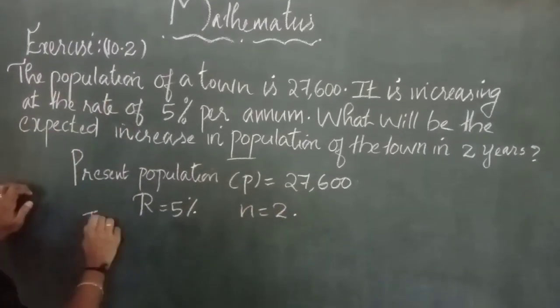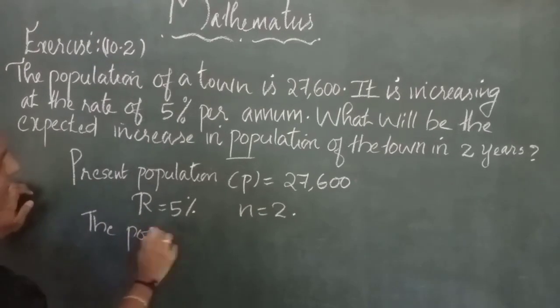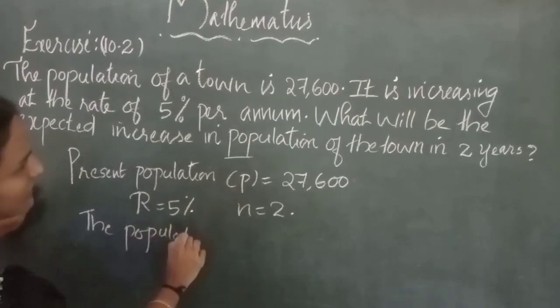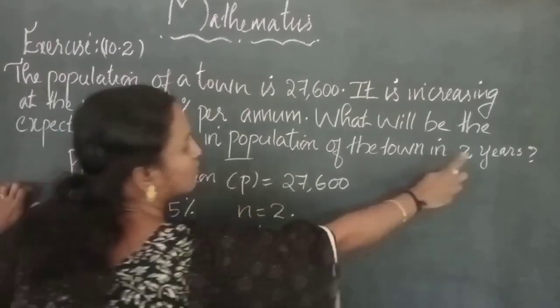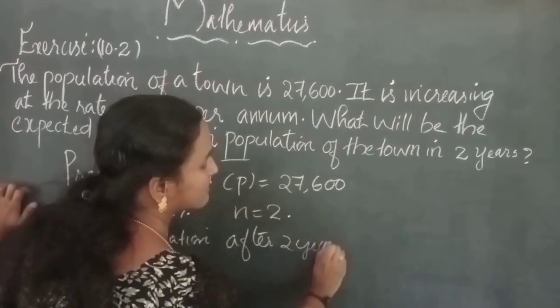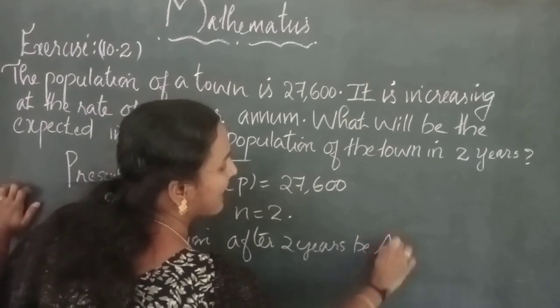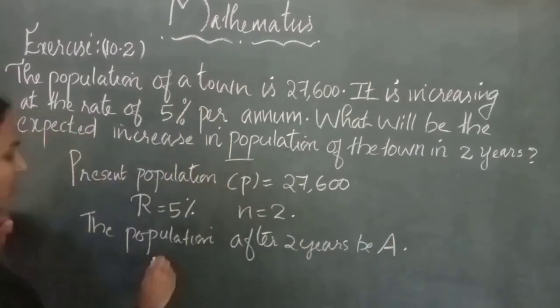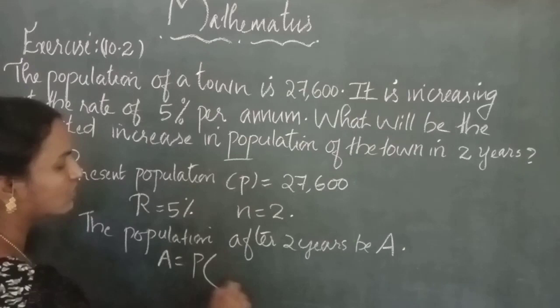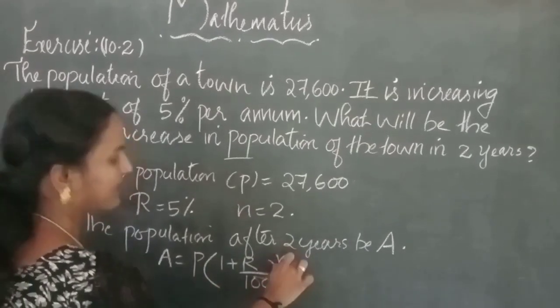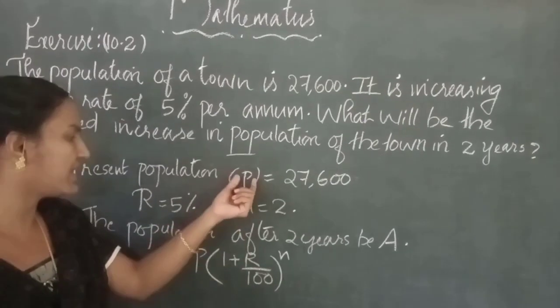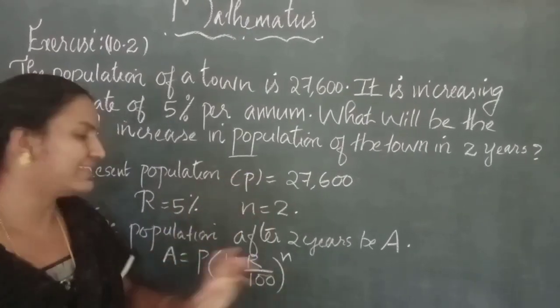So the population after 2 years be capital A. A is equal to P into 1 plus R by 100 the whole power n. Substituting the values of P, R and n in this equation.